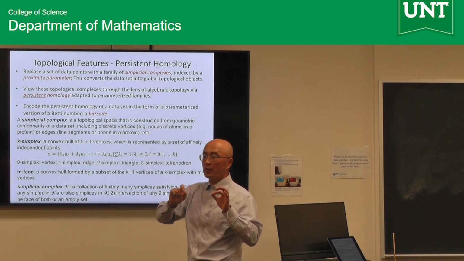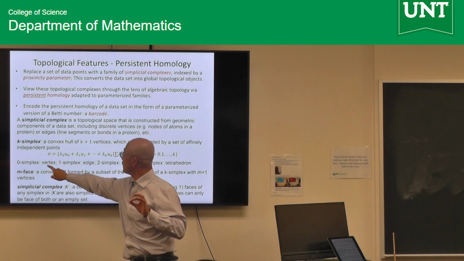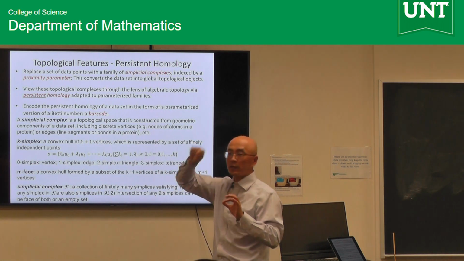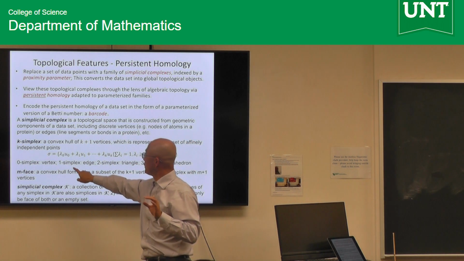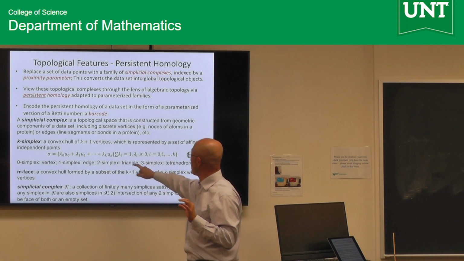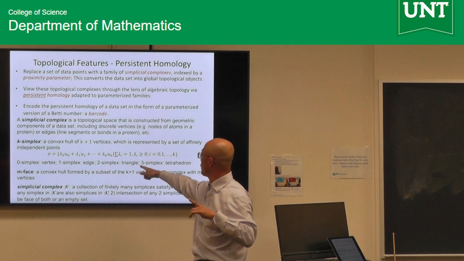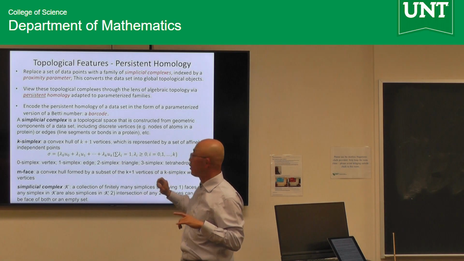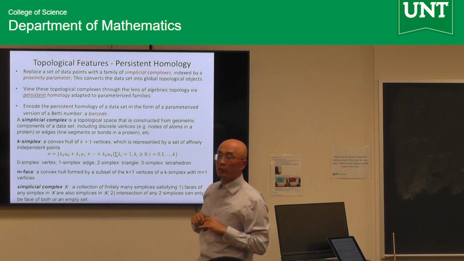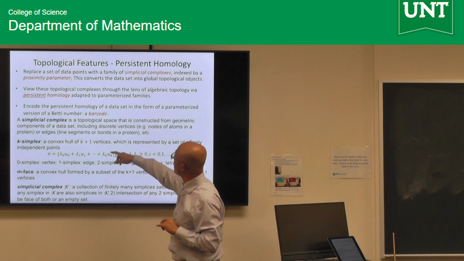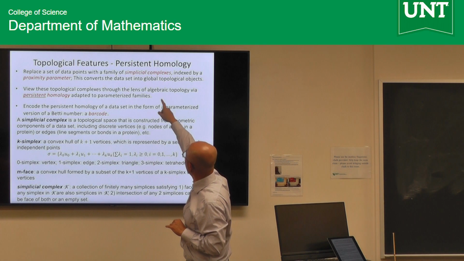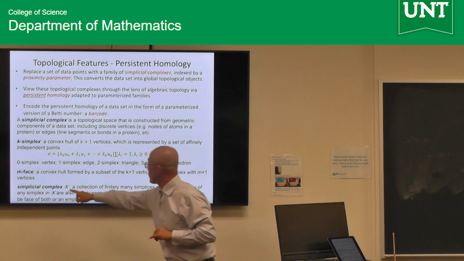You have a lot of points, and each point is a 0-simplex. Then you connect these points and they form edges. That is the 1-simplex. Once you have 3 points, you connect them and it becomes a triangle. That's a 2-simplex. When you have a tetrahedron, it's a 3-simplex. Basically the collection of k-simplices is what we call a simplicial complex.